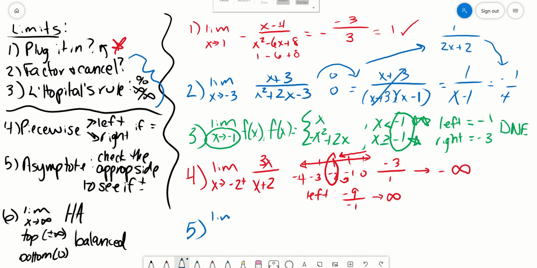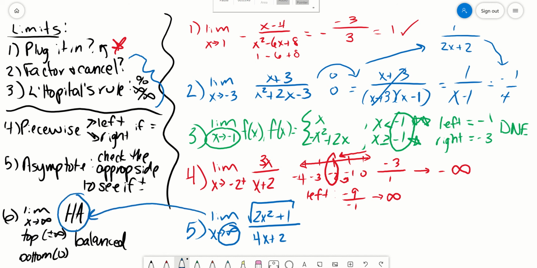Now the last type, the limit as x approaches infinity of the square root of 2x squared plus 1 over 4x plus 2. Anytime you see this, limit as x approaches infinity, you need to automatically think you're trying to find a horizontal asymptote. So you are really just looking at the leading coefficients. Here is your leading coefficient on top, here's your leading coefficient on bottom.